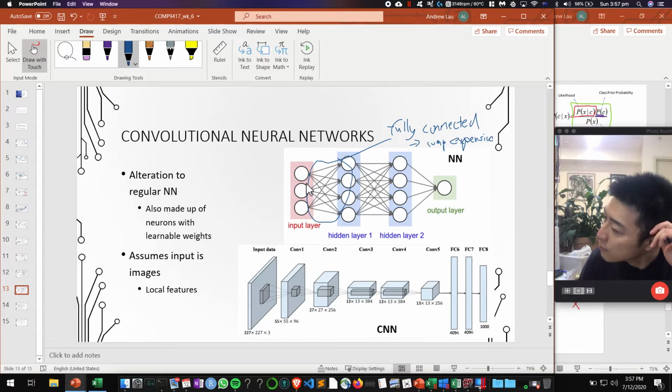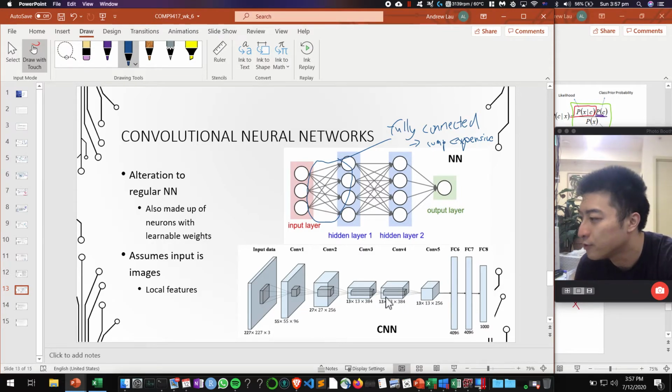So what convolutional neural networks do is use these convolutions, and you consider local features. Instead of each layer being arranged one-dimensionally like this, it's arranged in a three-dimensional way. So it's like you have a picture, right? You have the two dimensions in the picture, and then this could be your RGB channels.